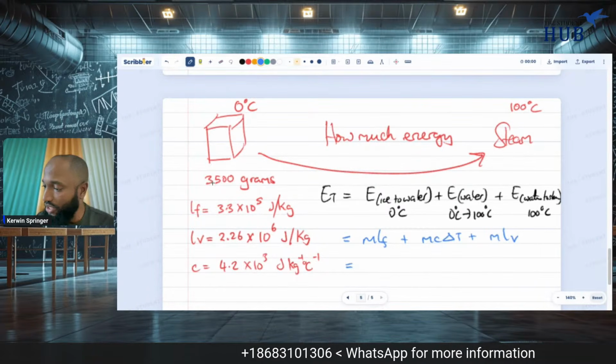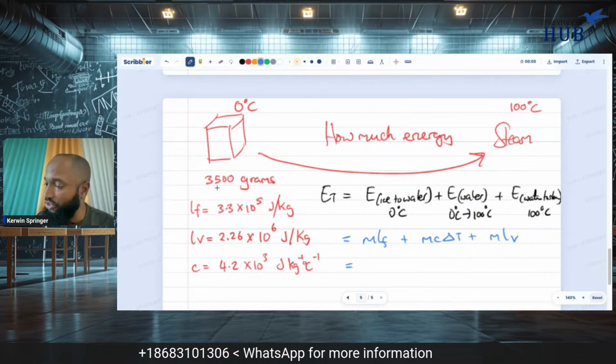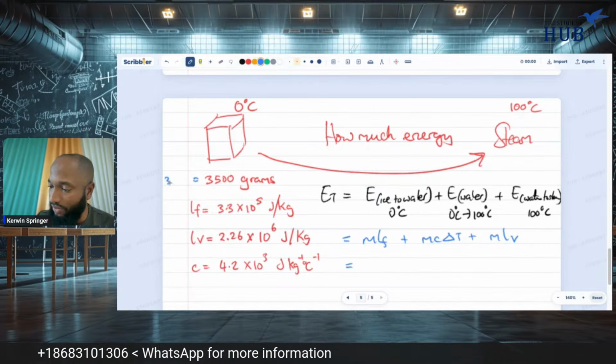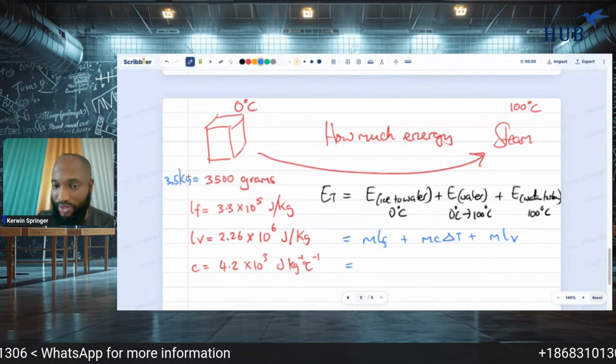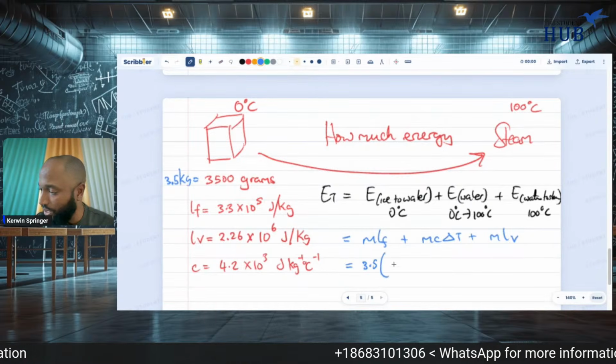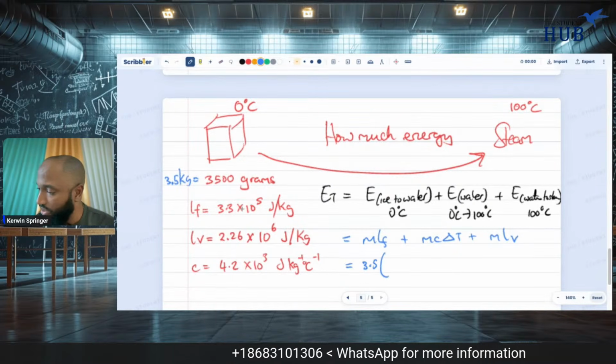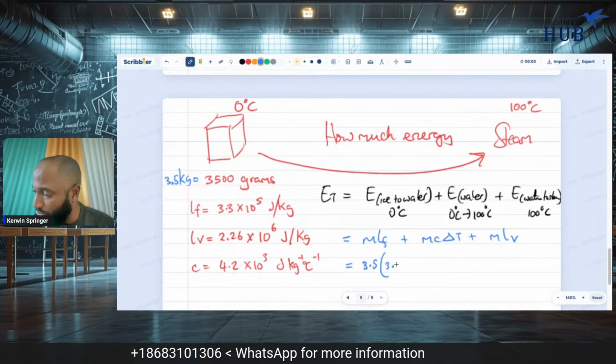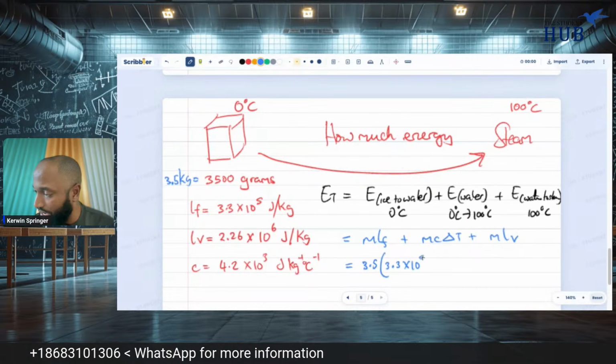So it's going to be 3500, but this is really 3.5 kg. So everybody did that and didn't make any mistakes there, right? So I'll have 3.5 kg multiplied by all of these things. The first thing would be the Lf, which would be 3.3 times 10 to the power of 5.